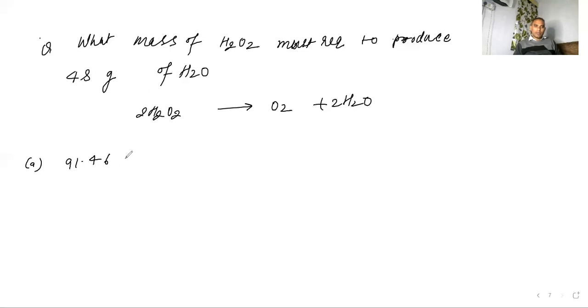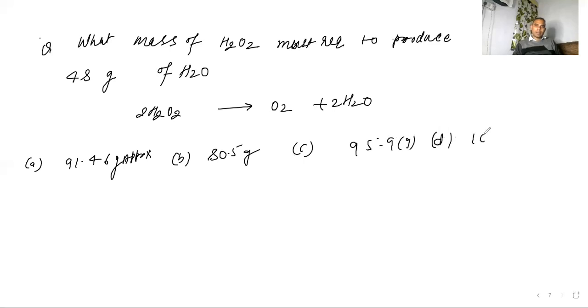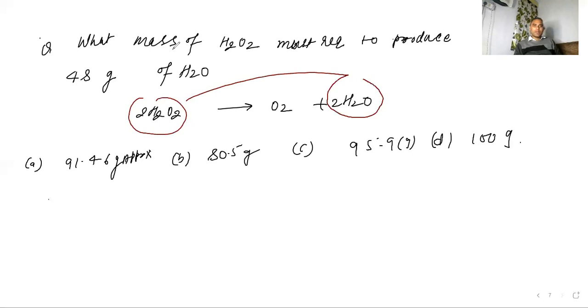So 91.46 grams is the approximate. B is 80 gram, C is 80.5, and that is 95.9 gram, and D is 100 gram. So first of all, you need to compare between these two, water and H2O2.